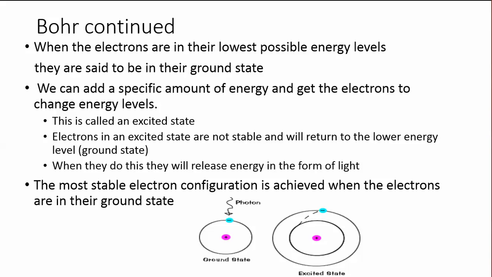And when you have 2 in that first energy level and 1 in that second energy level for lithium, that would be considered the ground state. If we excited that second energy level electron up to a higher energy level, that would be an excited state, and it would not be stable. At some point, that electron's going to want to fall back down to the energy level where it would be more stable.